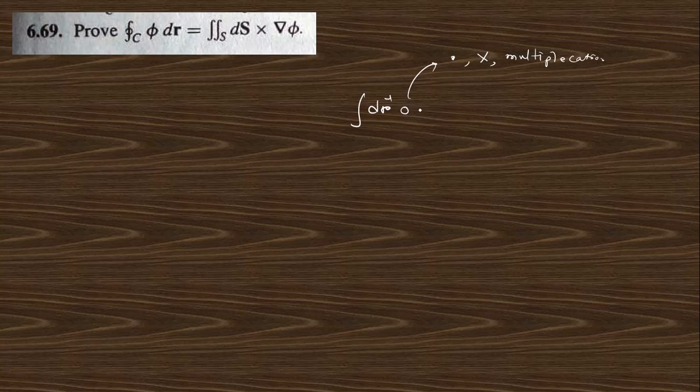So this operator acting on psi equals the surface integral of n cross grad, this operator, psi ds, and these two can be written as ds vector, with psi, right?